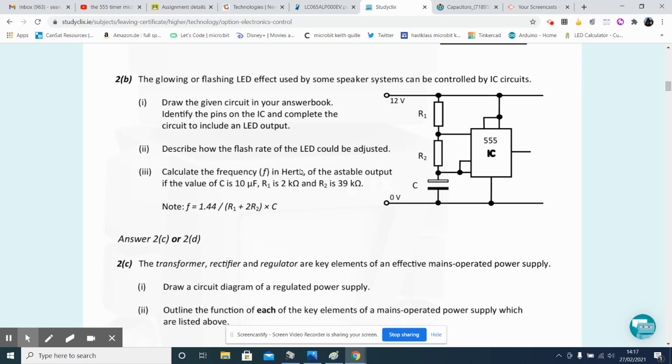The frequency f in hertz of the astable output, so of our output here, which would be connected to an LED more than likely, if the value of the capacitance is 10 microfarads, so that's 10 millionths of a farad, and R1 is equal to 2 kilo ohms and R2 is equal to 39 kilo ohms, where 2 kilo ohms is 2,000 ohms and R2 is 39,000 ohms. So we convert these to their base units.